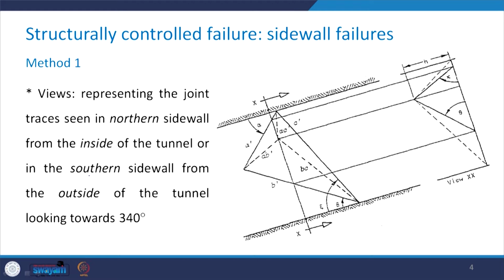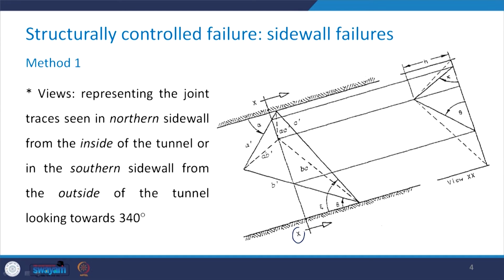Remember that the tunnel was running in the direction from 250 degree to 70 degree, and we have taken this section XX which is perpendicular to the tunnel axis and passing through the center of the net.